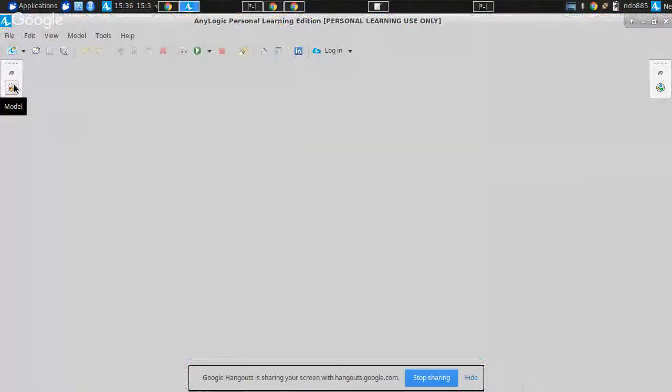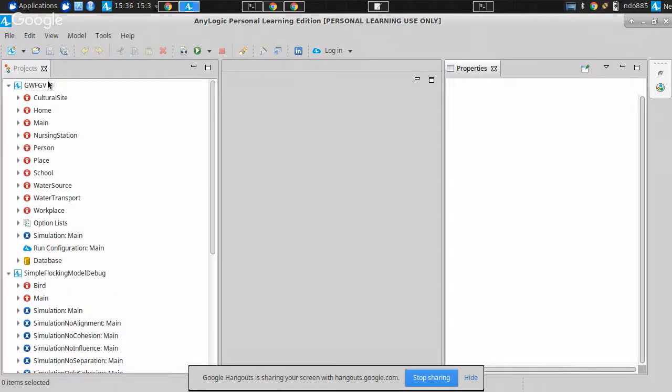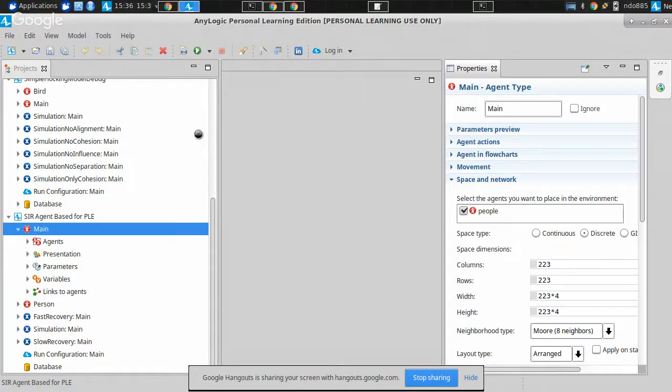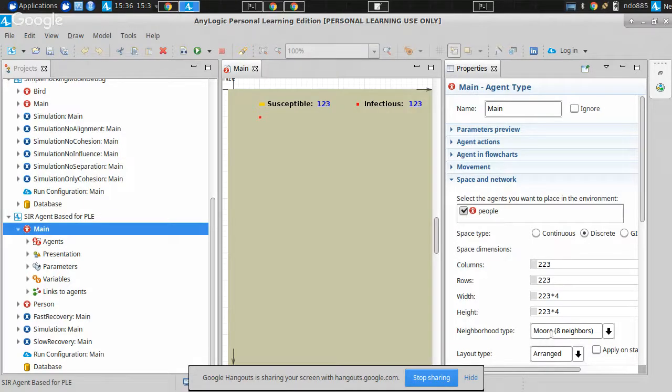So here's AnyLogic, just in time, and we'll expand this, and we will go over to the model. What we were talking about earlier was, for example, the fact that some of these things would be specified. So neighborhood type specified people had 8 neighbors, for example.